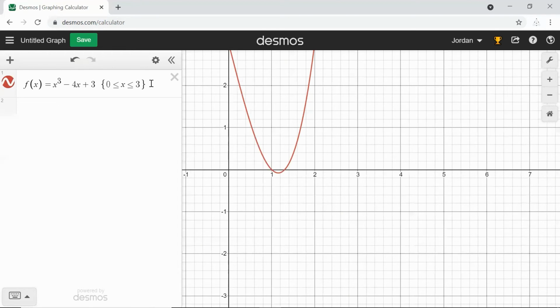If I click on it, you can see the minimum point happens at 1.155, comma, negative 0.079. So there is the minimum point, and the maximum point happens when we plug in 3. Let's go ahead and do that.